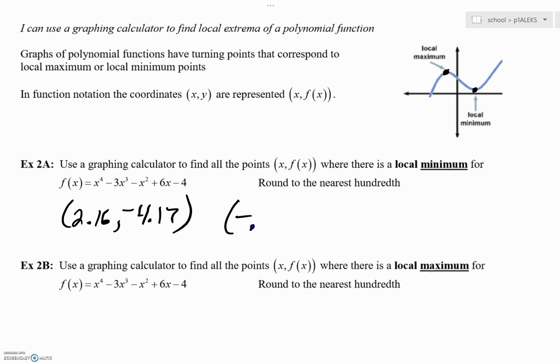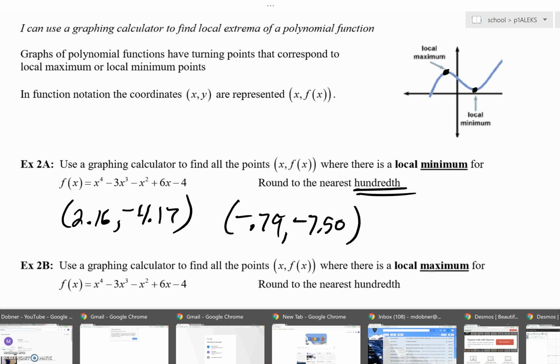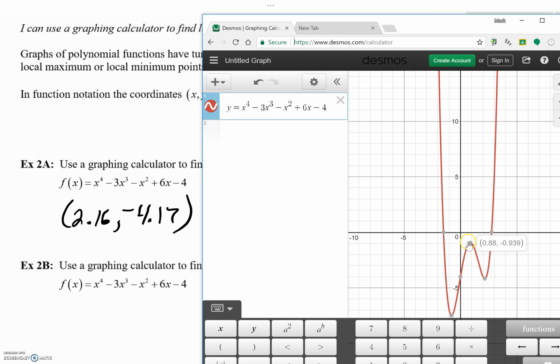So we just got to get that typed in, and then we're good to go, because we have to go to 2 decimal places. We're looking just for minimums. I do want to point out that there was another gray point that's up here. Don't put this down. That's your maximum point. You could also find x-intercepts or zeros, but you're not even asked to do that.